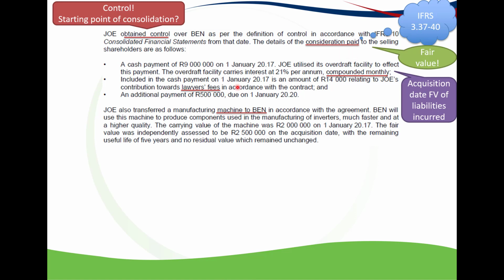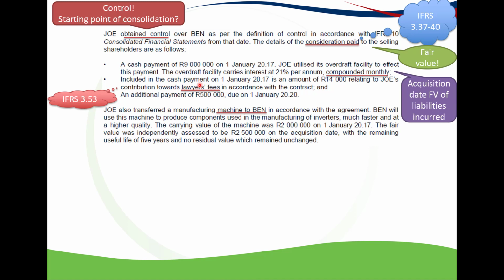Next, included in the cash payment on the acquisition date is an amount of 14,000 relating to Joe's contribution towards lawyers' fees in accordance with the contract. IFRS 3, paragraph 53 states acquisition-related costs are costs the acquirer incurs to effect a business combination and include finder's fees, advisory, legal, as in this case, accounting, valuation, and other professional or consulting fees.